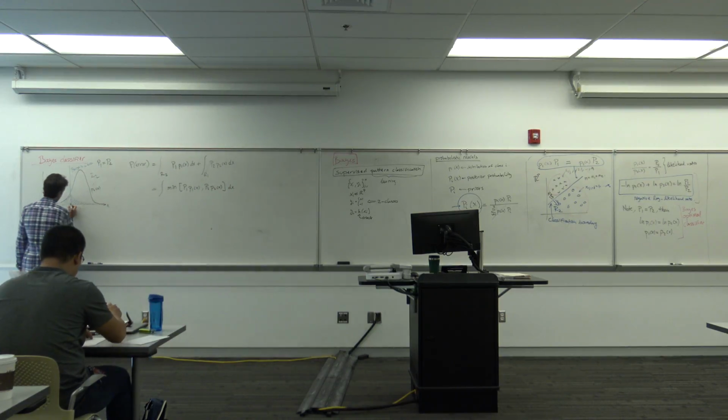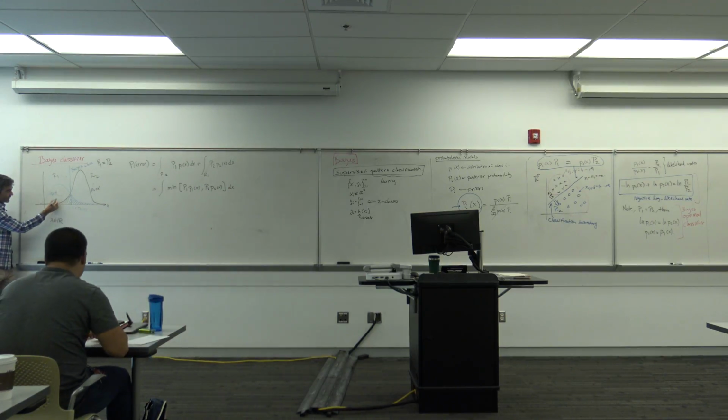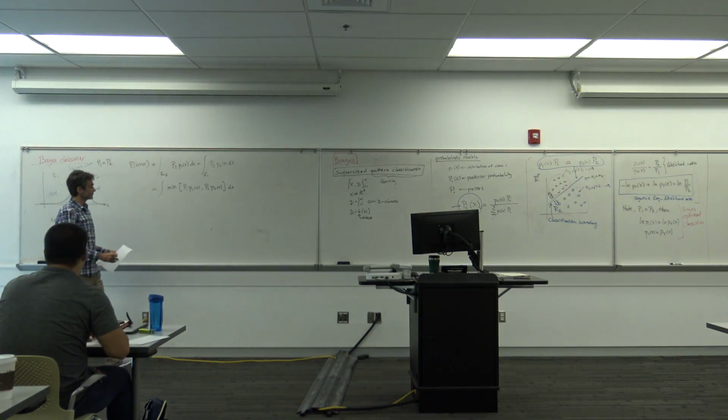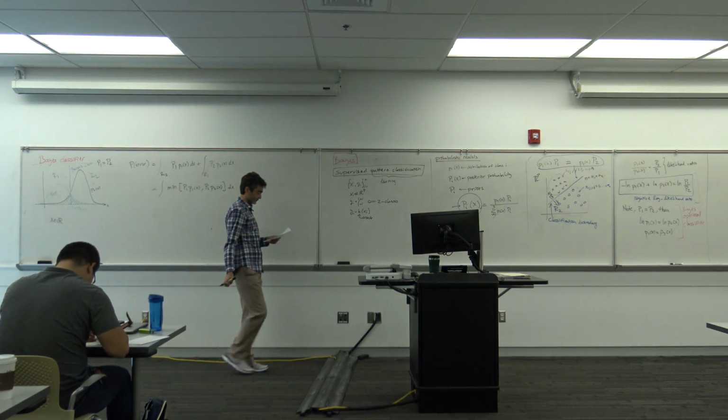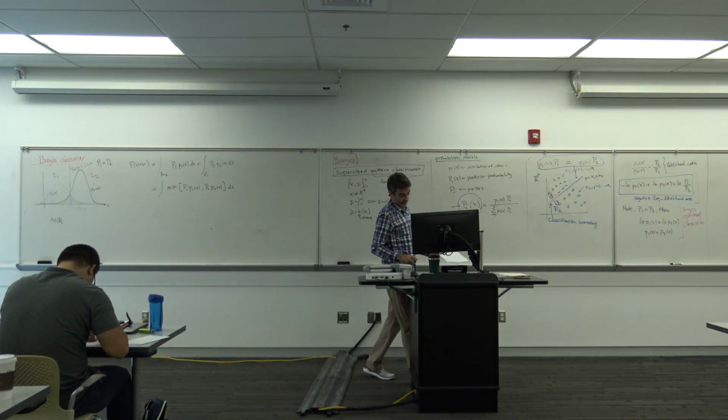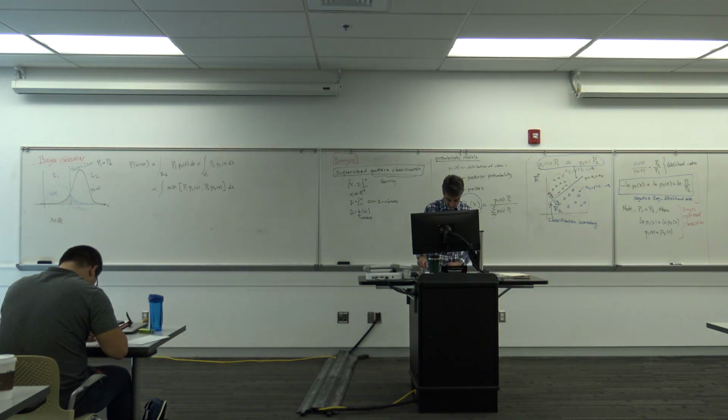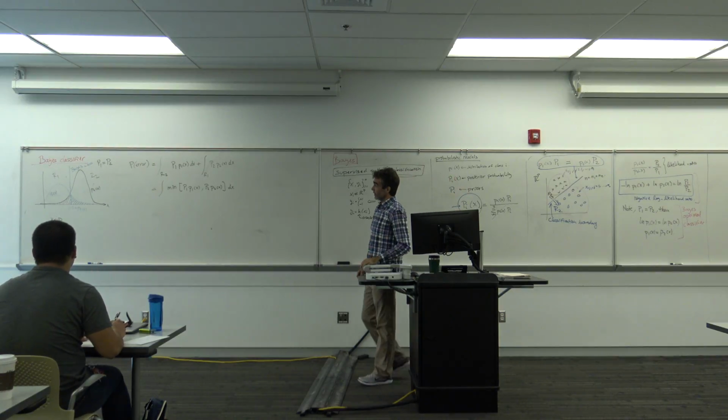Because at every point, I just take which one is the minimum. Is it this the minimum, or this is the minimum? This is the minimum. So I take this one, right?